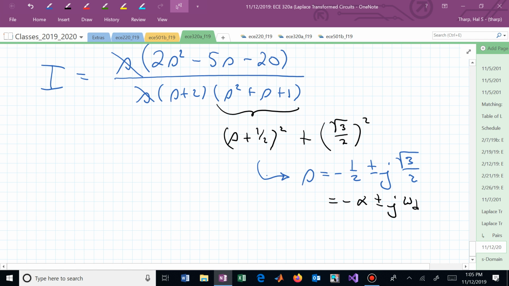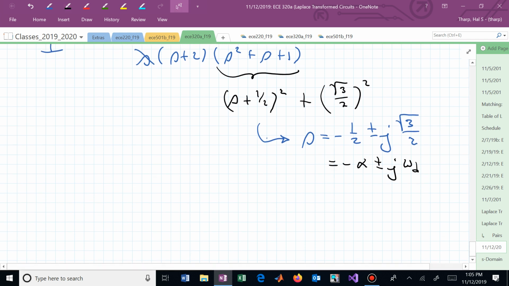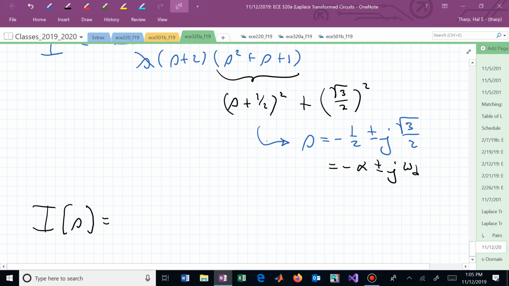What's the structure of little i of t look like? Well, we can find that by doing a partial fraction expansion of this. Let me now write I of s as a partial fraction expansion.